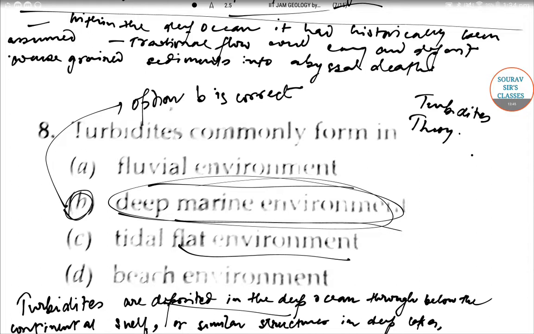I have given the notes; if you go through them and understand them clearly, it will be very beneficial. If you have understood this video and go through the notes, you will be able to handle all the questions of IIT JAM Geology related to this topic only. Not related to all the topics, don't confuse in that.